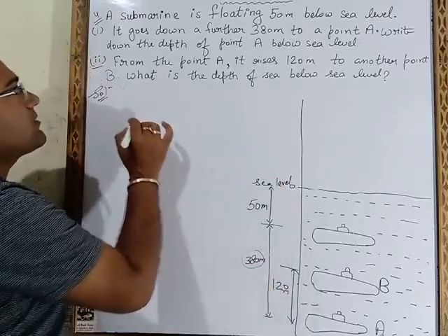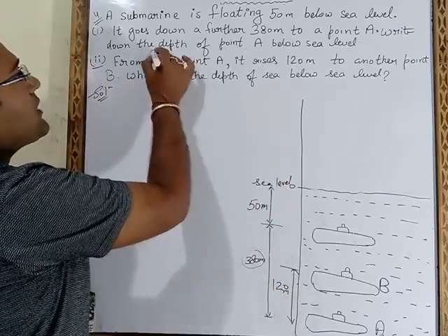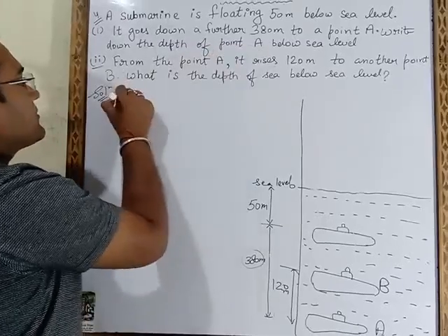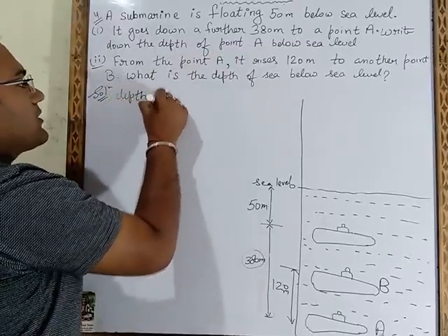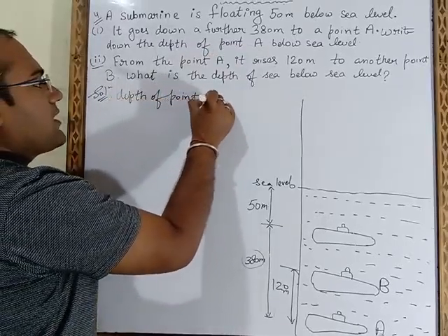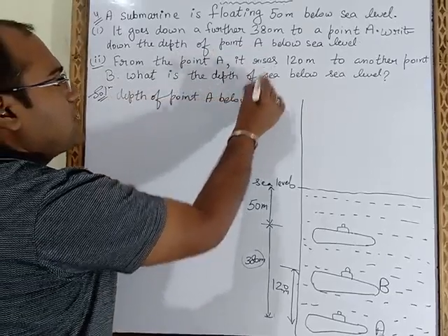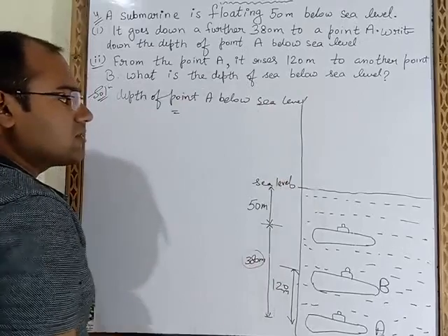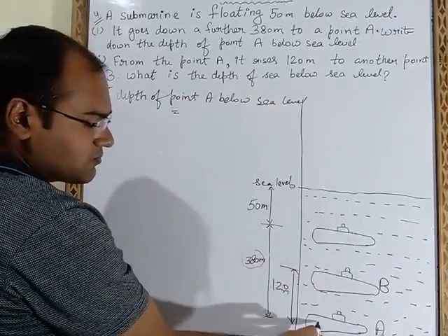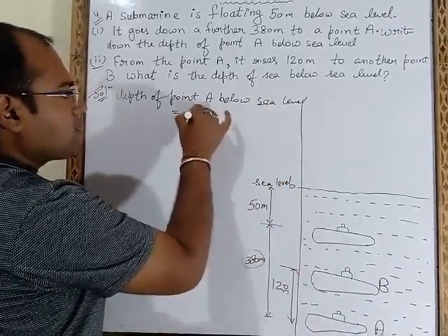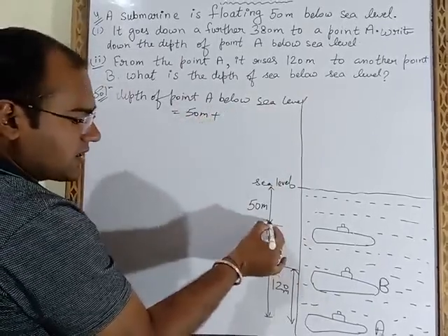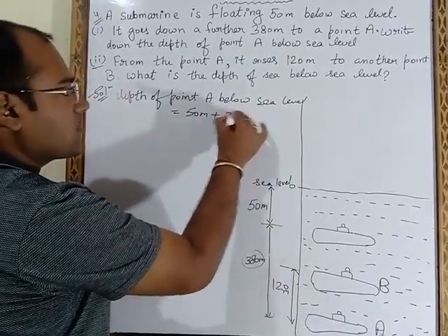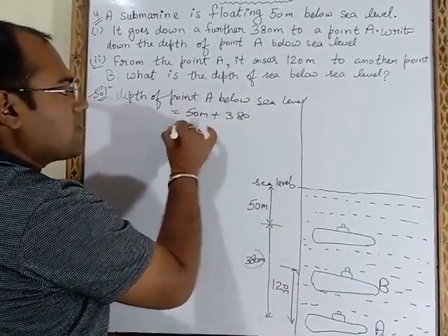So how do you have to write? You have to write depth of point A. Depth of point A below sea level is equal to, this is the sea level and this is point A, this is 50 meters plus this one is 380 meters. Now we will add these two.